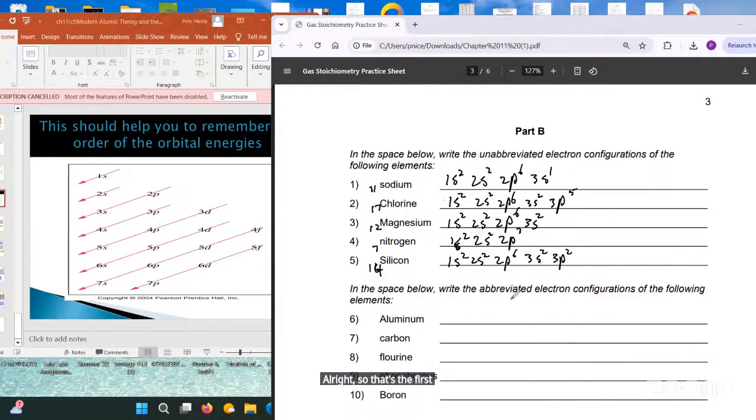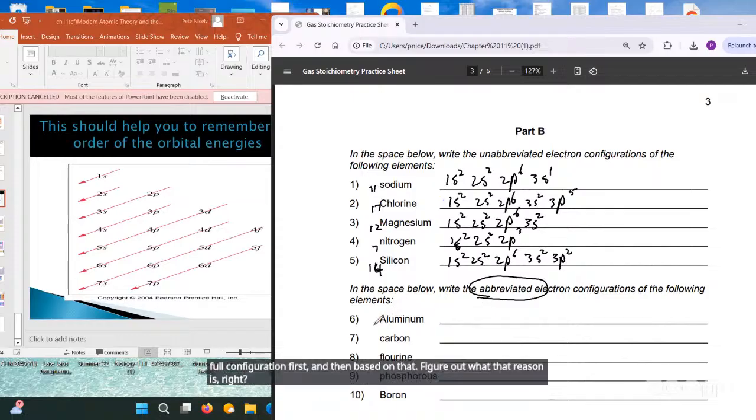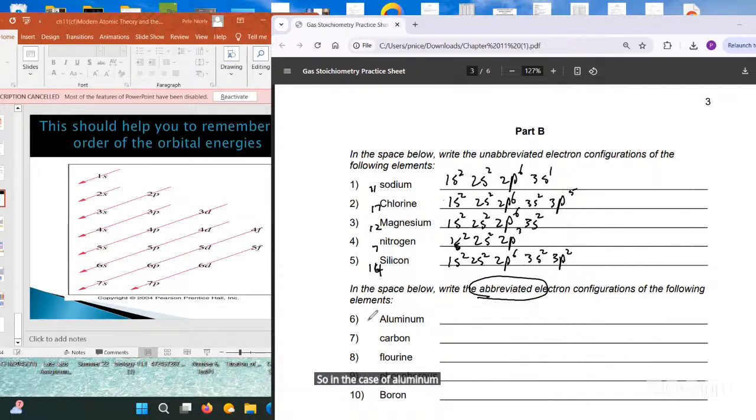Now, the second part is asking for the abbreviated electron configuration. What I would do if I were you is write down the full configuration first, and then based on that, figure out what the abbreviated is, right? So in the case of aluminum, the atomic number of aluminum is 13.